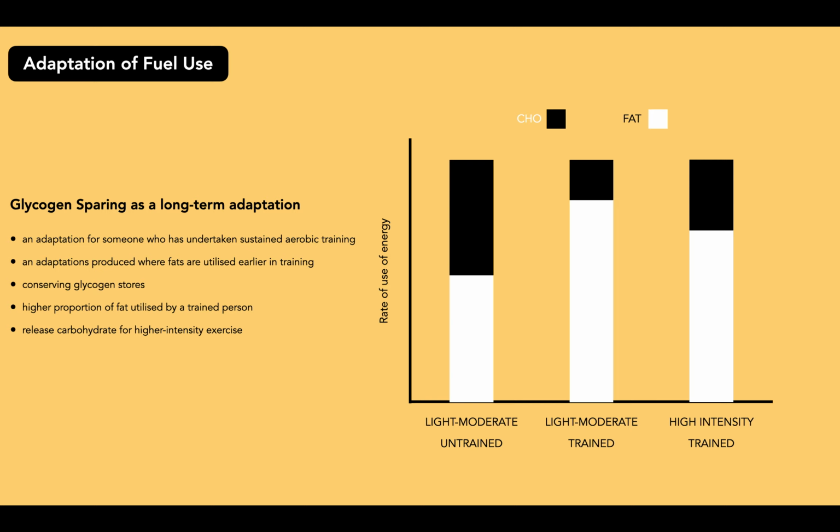Just to repeat, in trained individuals there's a higher proportion of fat being utilized, and in the last bar you can see carbohydrate is released for higher intensity exercise. That's showing you the adaptation of glycogen sparing and how you can utilize fats more and save your glycogen if you are trained.